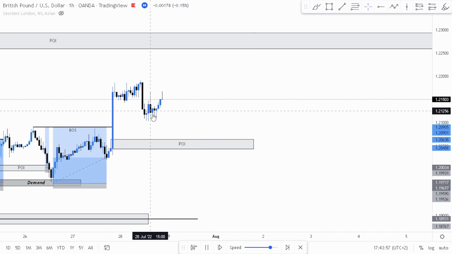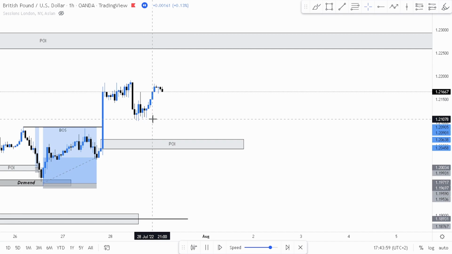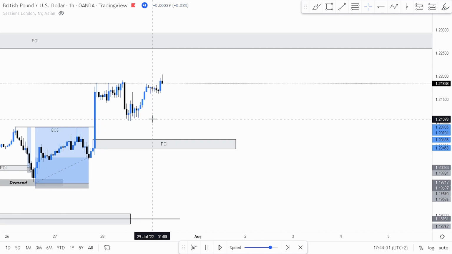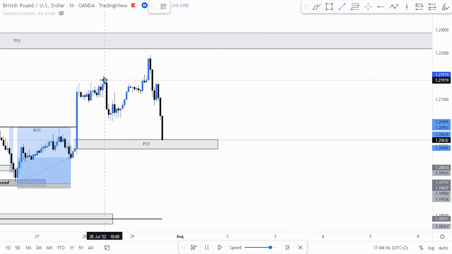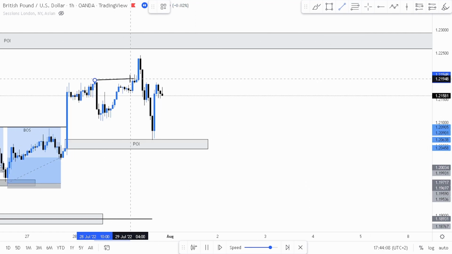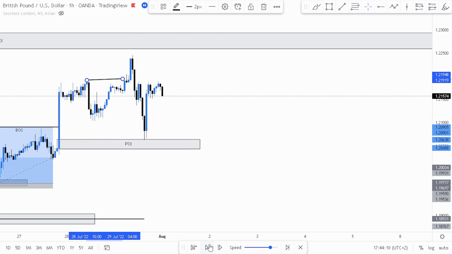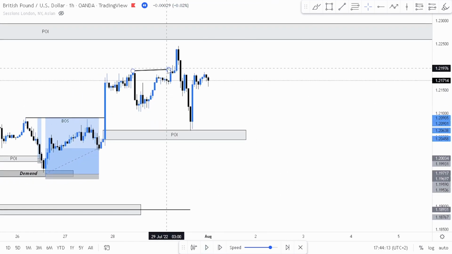So price was chasing a bit, and let's see what goes on. So we have a break of structure. Wait. Let me pause it right over there. We have a break of structure right over here.